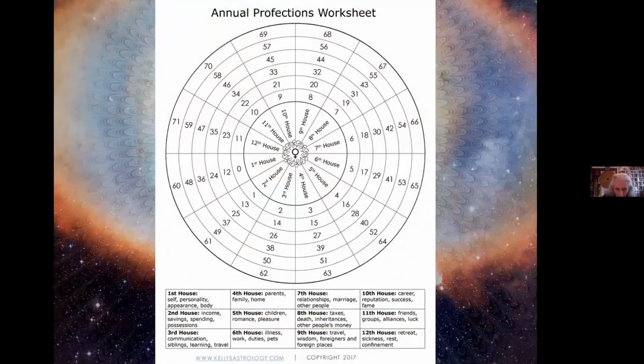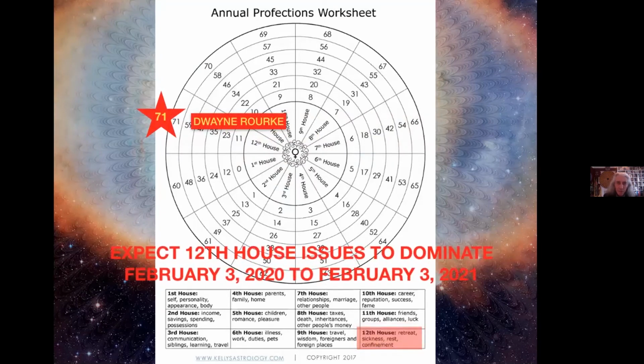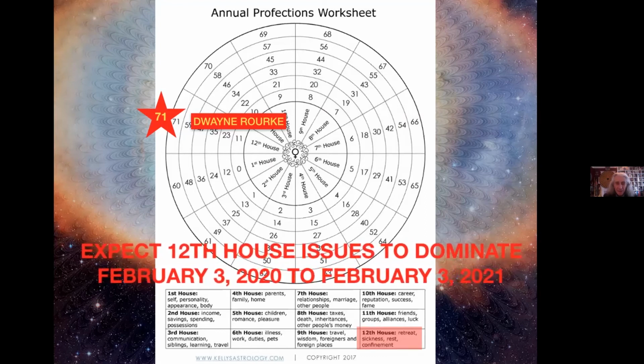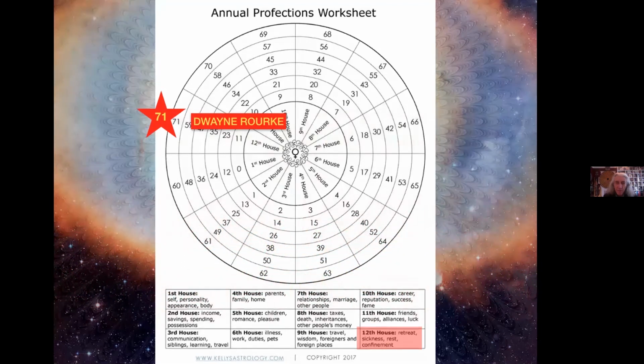A great chart is available at kellysastrology.com. It only goes to 71, and there I am in the 71st or 72nd year. Expect 12th house issues to dominate from February 3rd, 2020 to February 3rd, 2021.